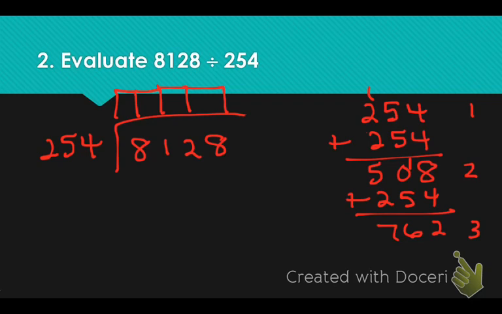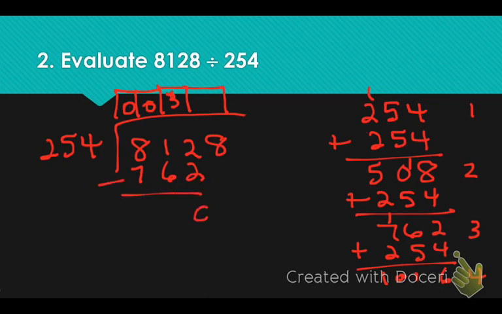but 254 won't go into 8, and it will go into 81. I'm going to try one more. 254, that's 1,016, that's 4, okay, so that's 1,000. Alright, so it'll go 3 times, and that's 762.